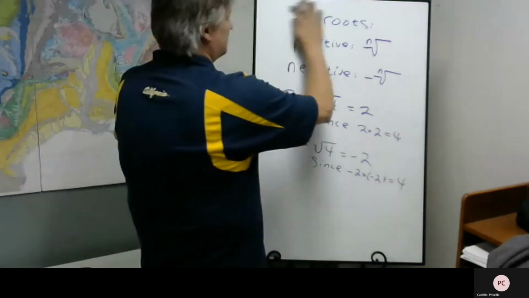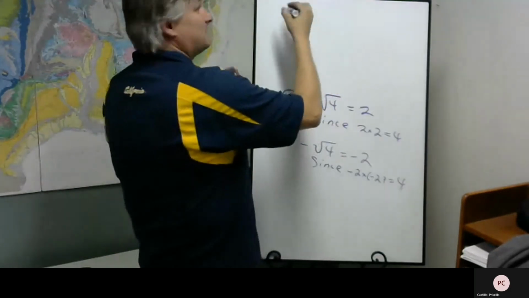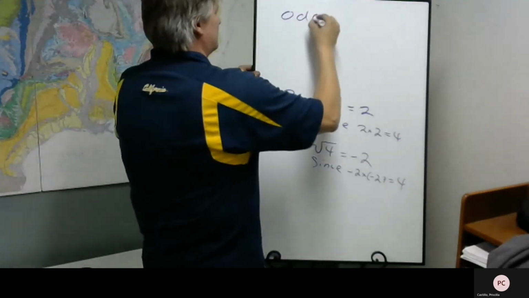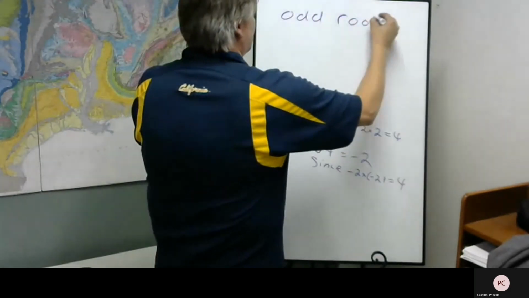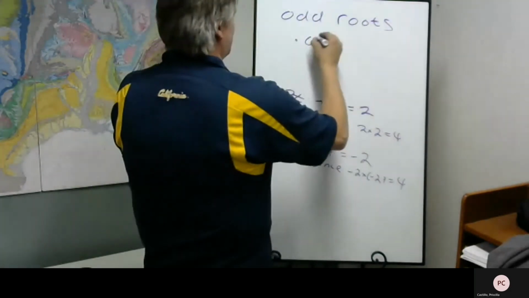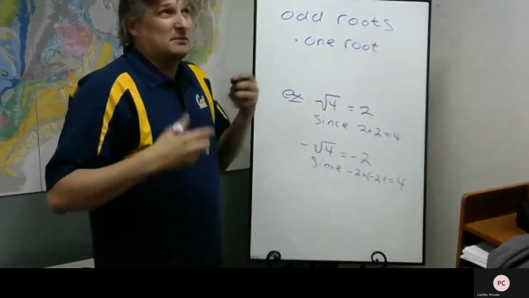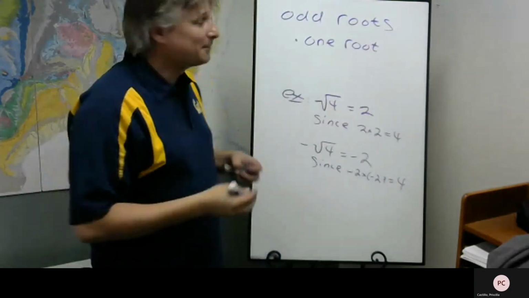Now for odd roots, this is the last thing. For odd roots, you're going to have one root, at least for now. When we get complex numbers, it's a different story.